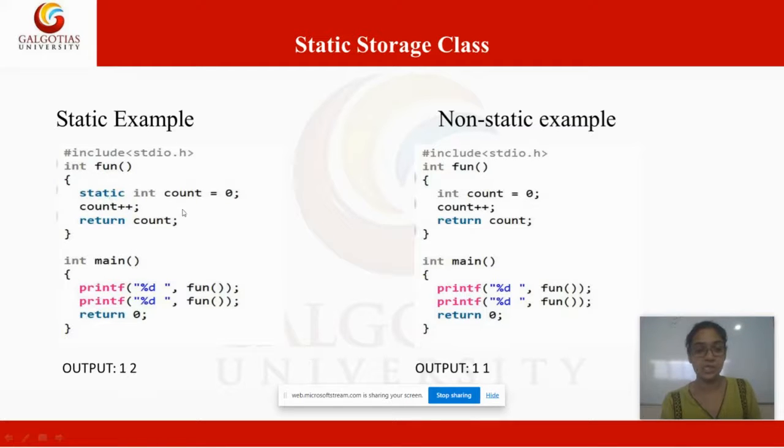And here you will see that we are declaring a static variable named count and we are initializing it with value 0. count++ makes it a value of 1 because 0 plus 1 will give you 1. So that is the current value. Now from there we are returning this value. So we are returning 1 and that 1 gets printed. So that is why it is there in the output.